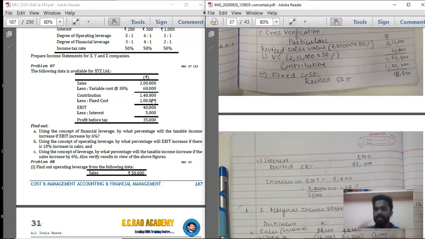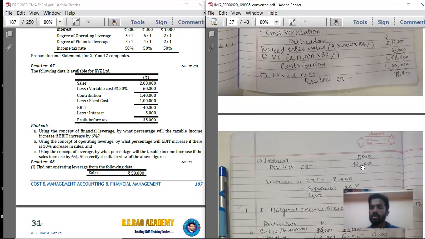Now we should calculate the percentage of increase in EBT. So existing EBT is 35,000. Present EBT is 43,400. So below that, increase in EBT is equal to 43,400 minus 35,000. How much is the increase in EBT? 8,400.